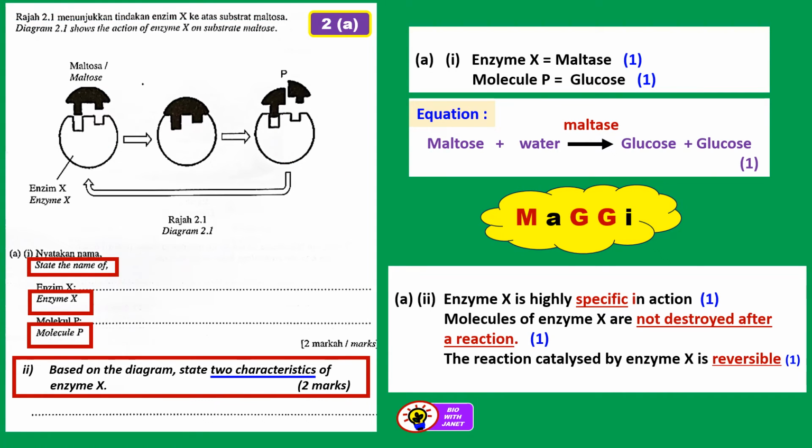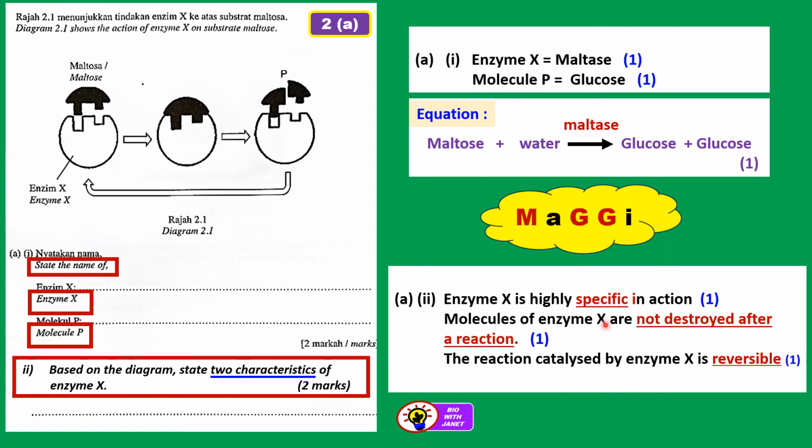Thirdly, the reaction catalyzed by enzyme X is reversible, as shown in this diagram, with the arrow going forward and also backward. Take note that the underlined words in red are the compulsory keywords that must be in your answer. If you just say enzyme X must match the shape of the substrate, you're not going to get any marks.